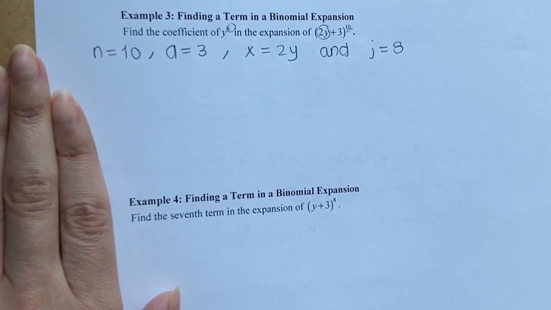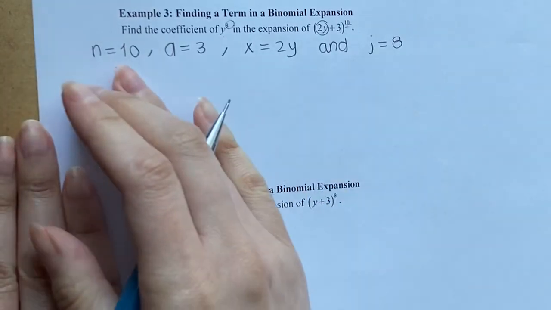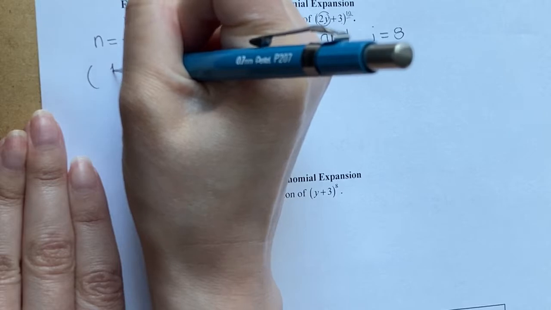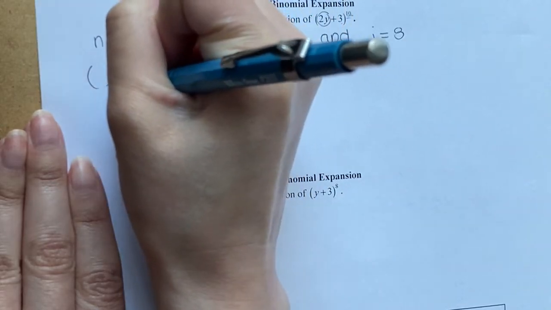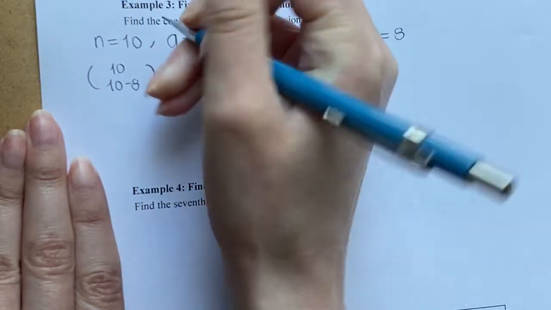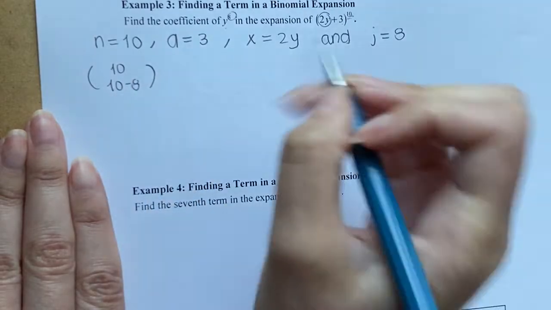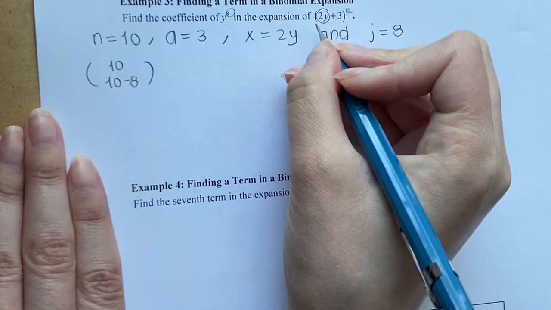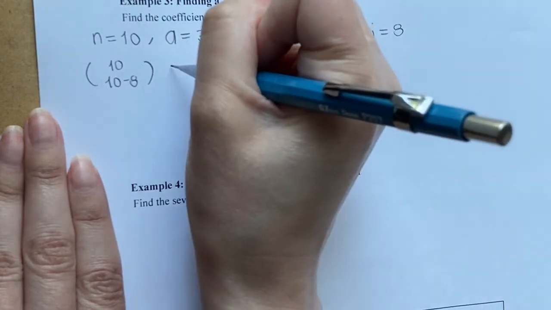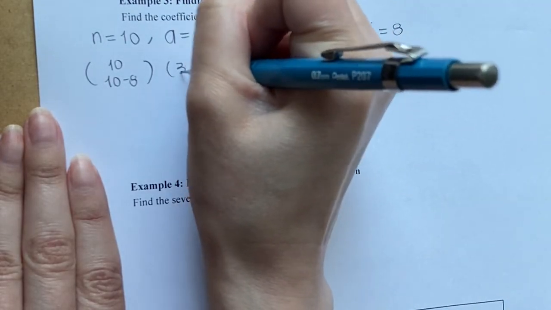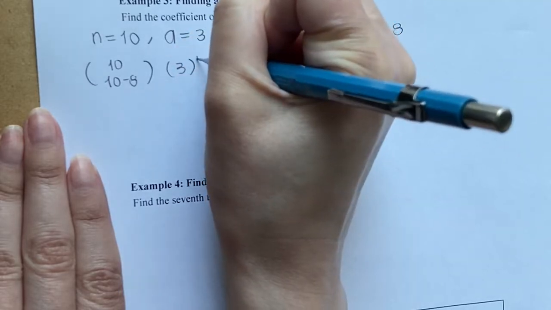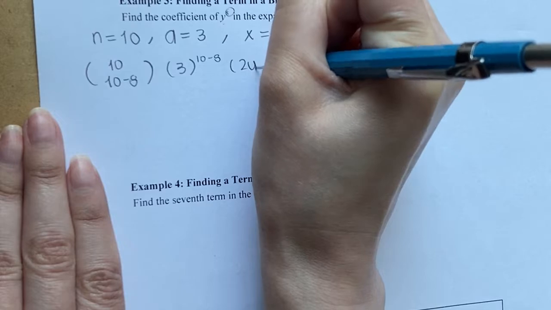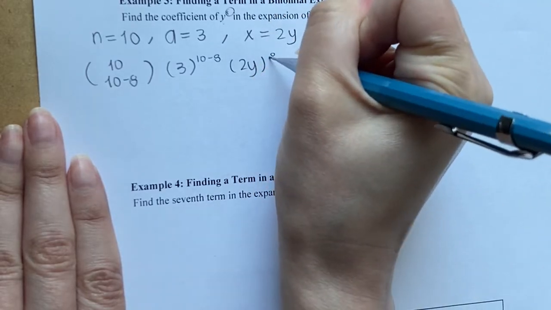Now applying the formula, now that we can recognize everything, it's super simple. You have 10 minus 8, which is going to be a number, and we have the combinations of that. Then, if you want to apply the formula exactly as it is, parentheses 3 to the power of 10 minus 8, times 2y to the power of 8.